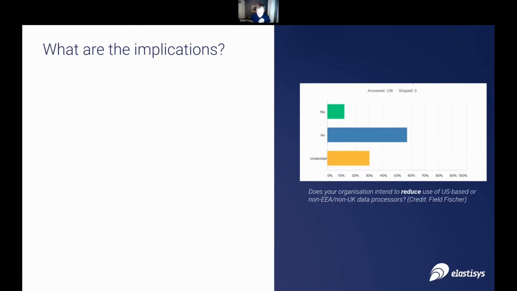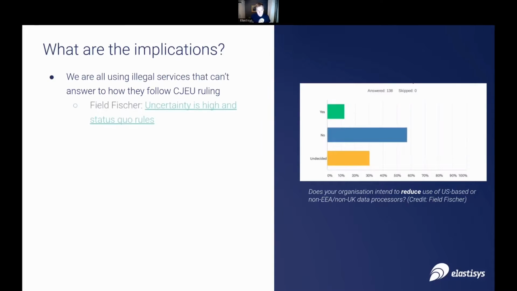What are the implications of this then? Basically that most companies in the world are currently in some way using illegal services according to GDPR. There have been a few surveys looking into how people are actually responding to this. And overall, I think the picture to the right is pretty telling.